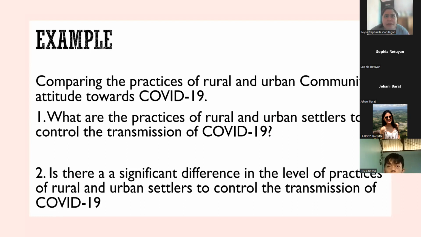So for example, wala talaga tayong guide kung ano ba talaga ginagawa sa city or sa mga bukid-bukid na area when it comes to control the transmission of the COVID-19. So ang gagawin, mag-i-interview muna tayo ng mga people in the city and also people sa rural areas. Tapos, pag meron na tayong qualitative na research, pwede na tayong mag-design ng questionnaire para ma-answer natin yung second question.